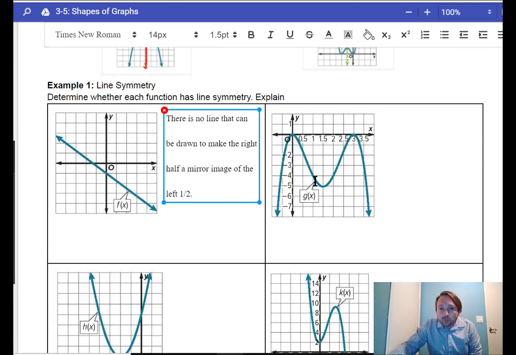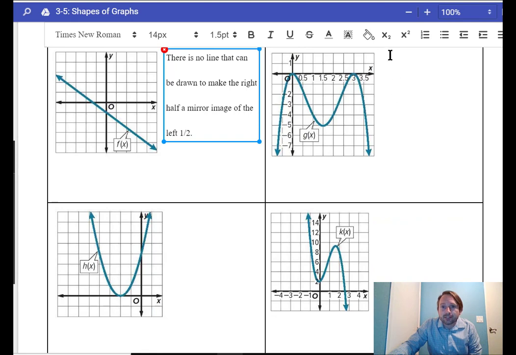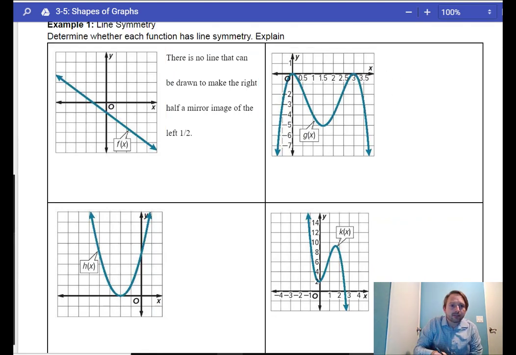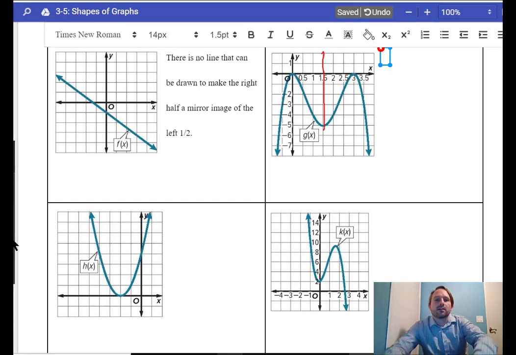All right, looking at the second one, let's make it red. It looks like if we fold it along this line right here, then it would be symmetrical. The left side would be symmetrical with the right side.